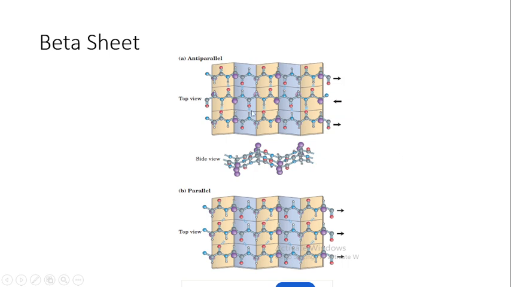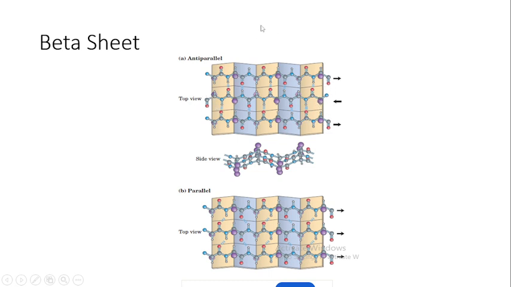So in anti-parallel beta sheet, here in the first layer it is from N to C, right? But in the second layer it is from C to N. This is NH, this is C double O, but here this is C double O and this is NH.